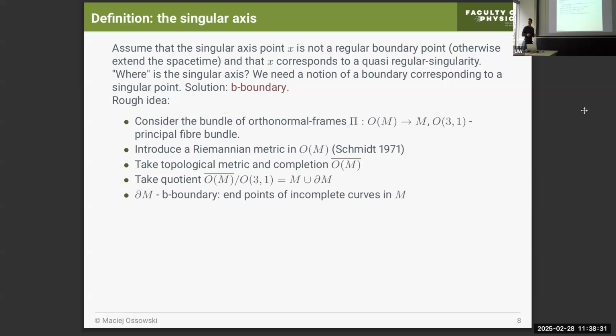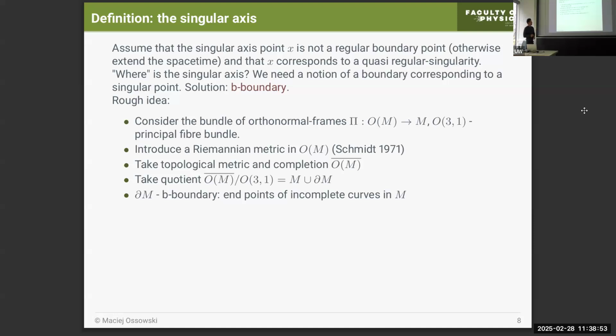And by topological metric, I mean just some function which will return the distance between two points, because for a Riemannian metric, we just use geodesics. And so we have a topological metric, and we can take the topological completion of this frame bundle.